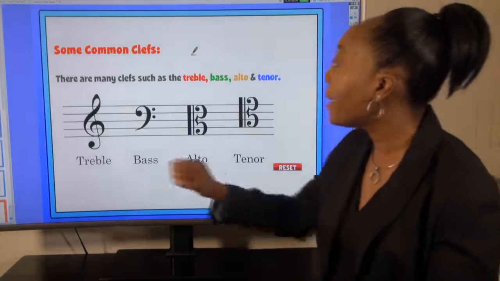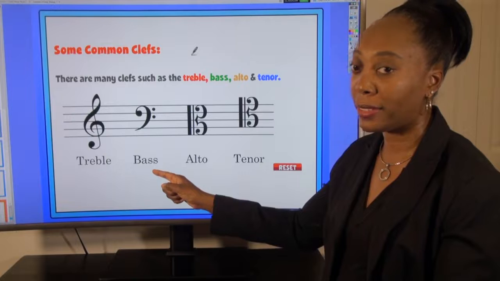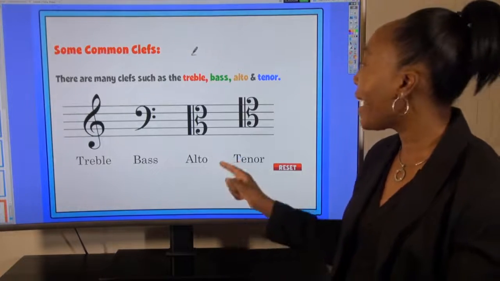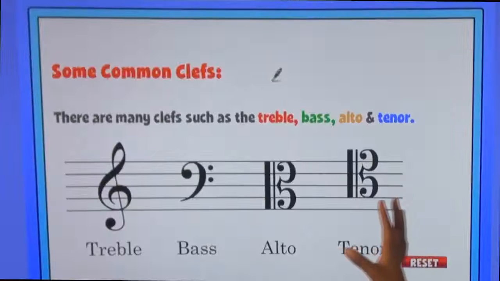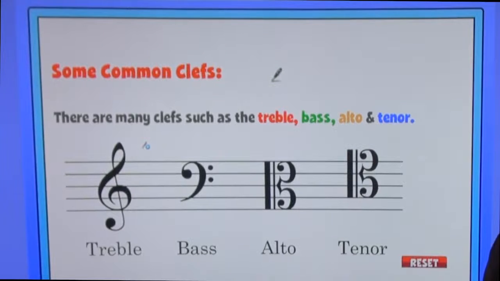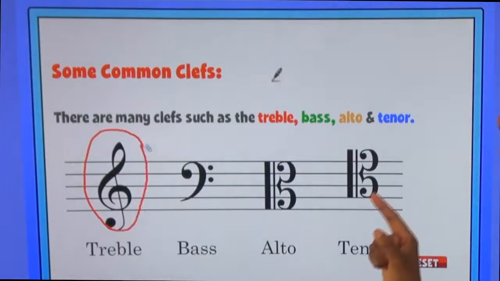Here we have the treble clef, and then we have the bass clef, and we have the alto clef and the tenor clef. So these are some sample clefs, but in this lesson, we're going to talk about the 2 most common clefs, and that is, oh, you're so smart, yes, the treble clef and the bass clef.